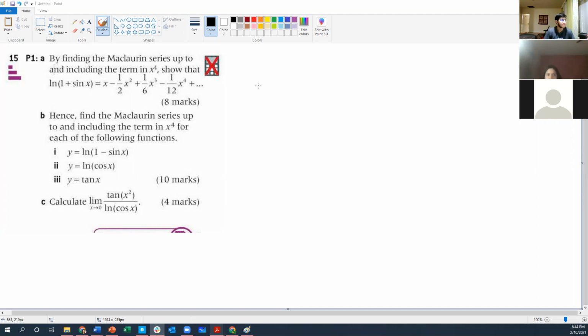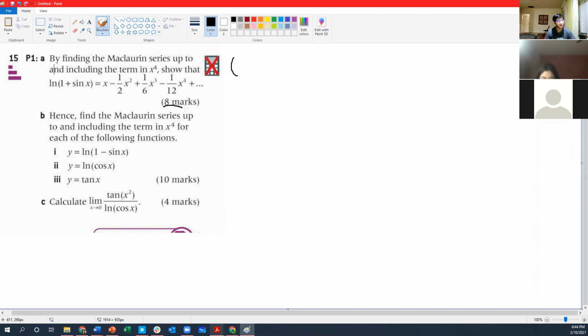Yeah, for sure. Okay. But I would actually go ahead and just find the derivatives and everything. I wouldn't just plug stuff in. I feel like that's not the best way to do it. And especially because it's 8 marks, it probably means that they're expecting you to use the whole formula. So Maclaurin series, we know f of x is ln of 1 plus sine x, right? What would f of x equal in terms of Maclaurin?